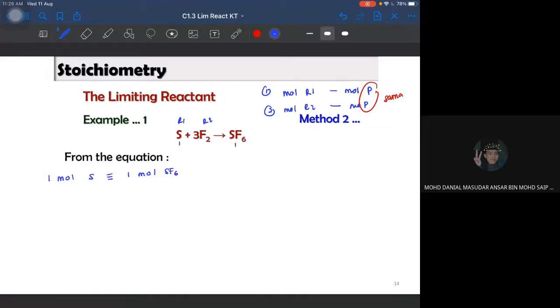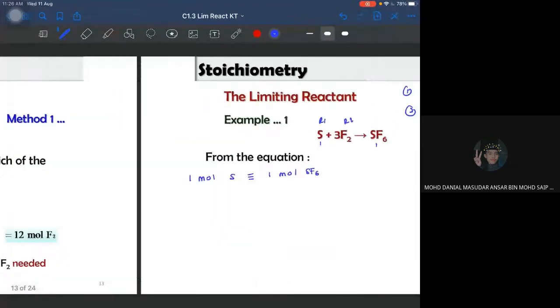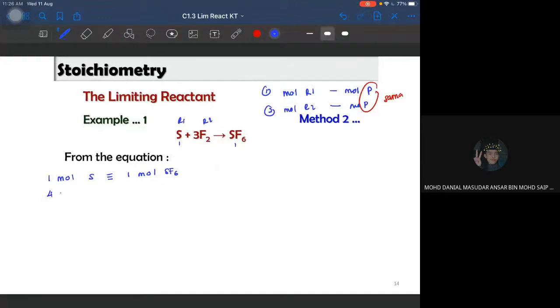Okay, so soalan tadi dia bagi 4 mole of S. Okay, so if we have 4 mole of sulfur, berapa mole of SF6 yang akan dihasilkan? So 4 mole juga.